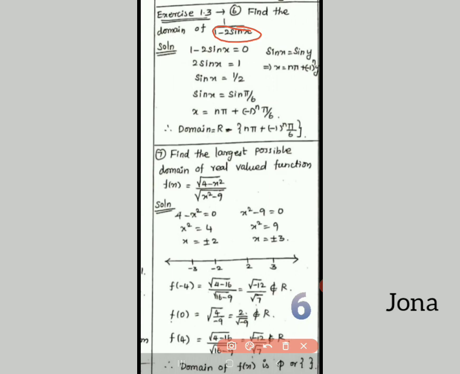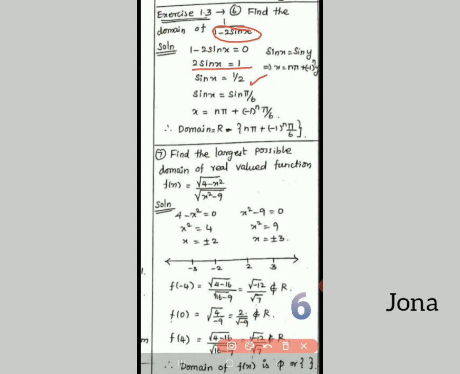That means minus 2 sin x equal to minus 1. We can cancel the minus symbol on both sides, so I got 2 sin x equal to 1. Take this 2 to the other side, it will become division. So sin x equal to 1 by 2.